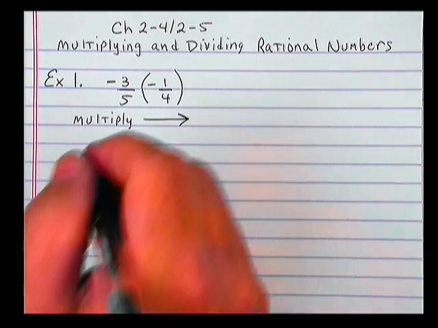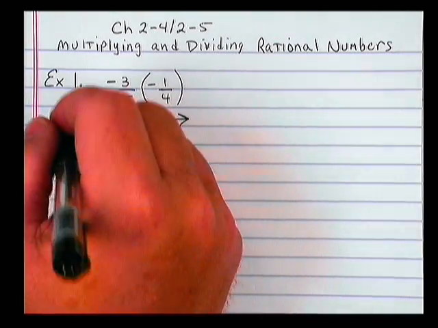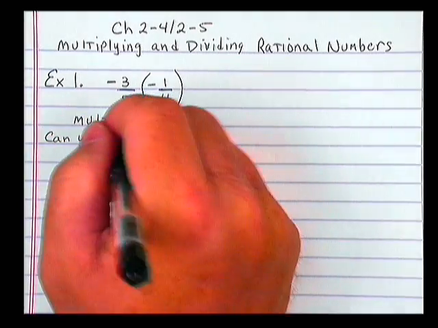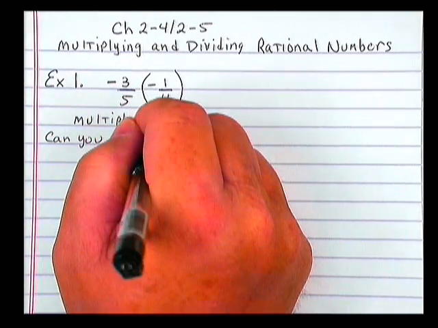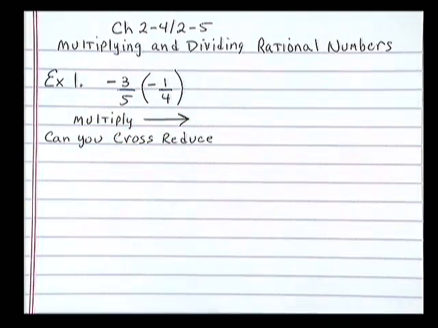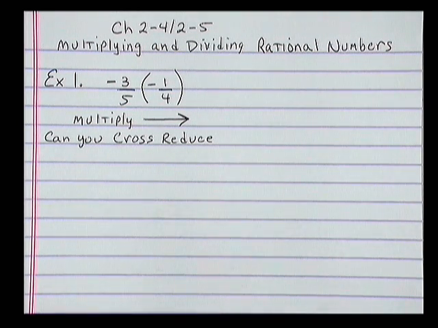The one thing that you should look for is, can you cross reduce? You should not only ask yourself that, but can you reduce the fraction as well? So anytime you can reduce or cross reduce, that is important.